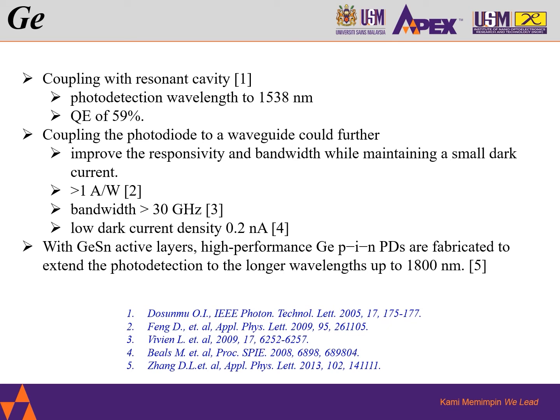A responsivity larger than 1 ampere per watt was achieved with a bandwidth larger than 30 GHz and a low dark current of 0.2 nanoampere. Recently, with the help of germanium selenide active layers, high-performance germanium PIN PDs are fabricated to extend their photodetection to longer wavelengths, up to 1800 nanometer.